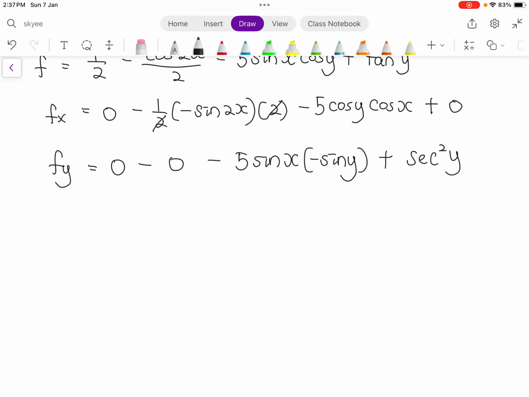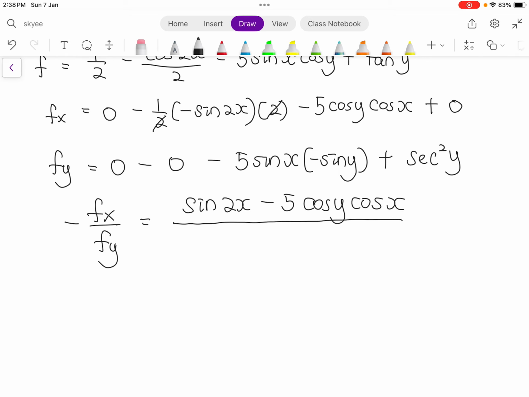Okay, next is to put them together. So we have sine 2x minus 5 cos y cos x, divide with this, negative 5 sine x negative sine y, or if you want to combine them to make it become positive also can, and then plus secant squared y.